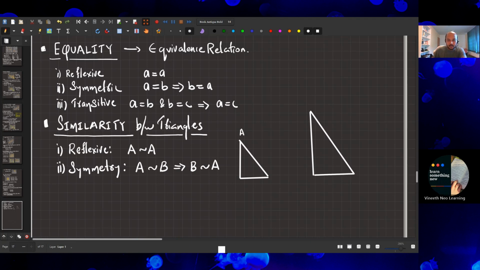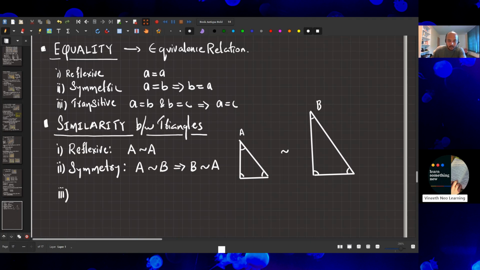This is triangle A, similar to triangle B. These angles are the same. Then we can say that B is similar to A. So there is symmetry between those triangles.